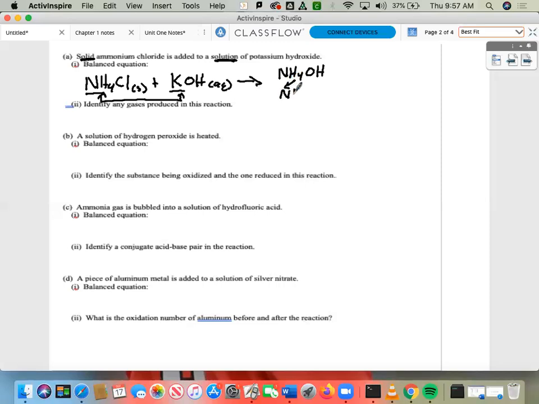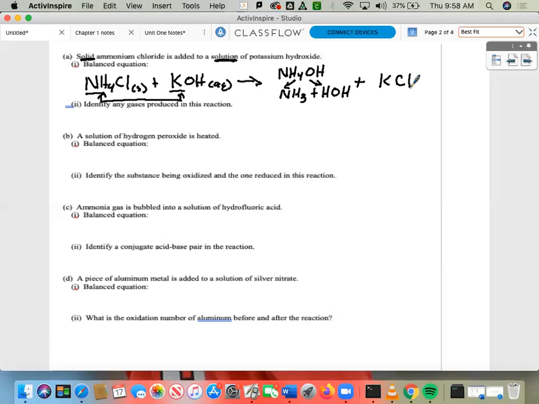It actually breaks down to ammonia and water. Whether you choose H2O or HOH, it doesn't matter. But those are my other products, the products instead of ammonium hydroxide. Oh, and then the K goes with the NH4Cl, and so we have KCl.